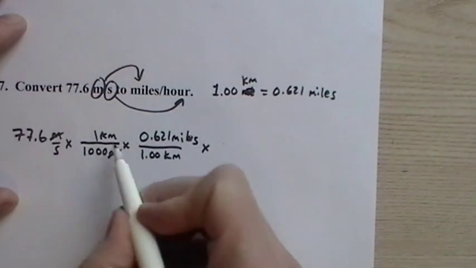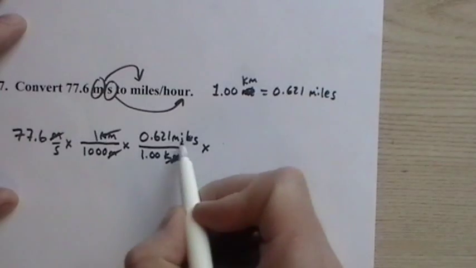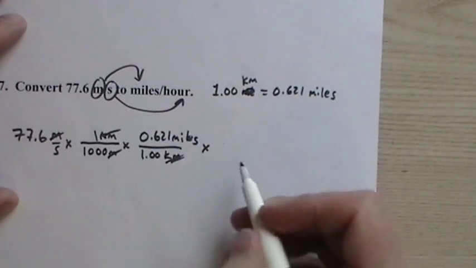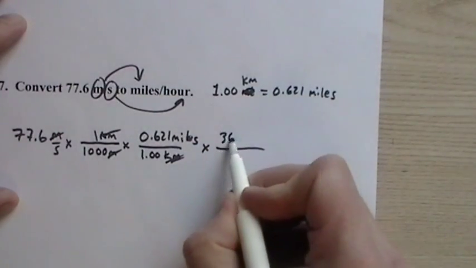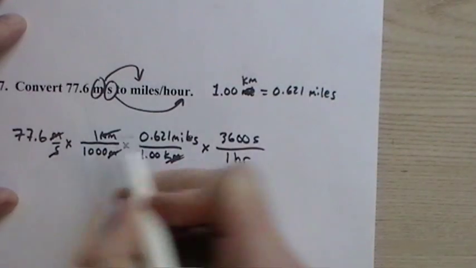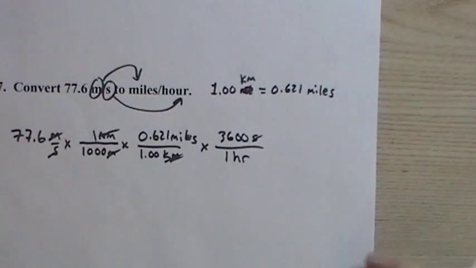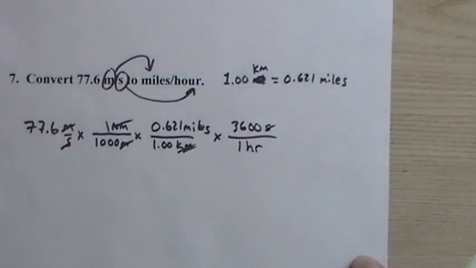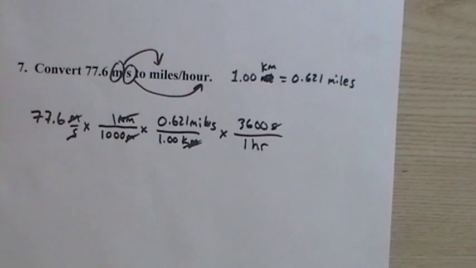Now we've changed meters to miles. So if we stopped, we have miles per second, but we want miles per hour. And there's 3,600 seconds per hour. Seconds cancel. And now we've done all the conversions.